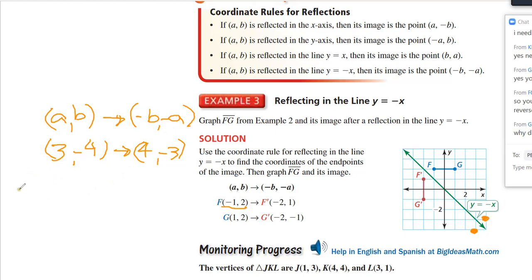If I take -4 and make it negative, that's +4, isn't it? And if I take 3 and make it negative, it gets the negative. It was already negative, so when I make the negative negative, it becomes positive.